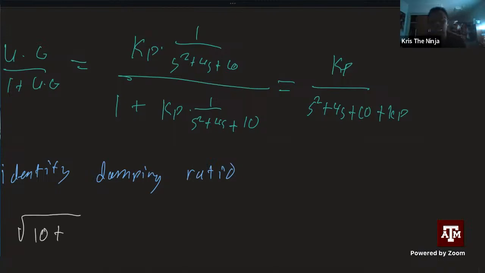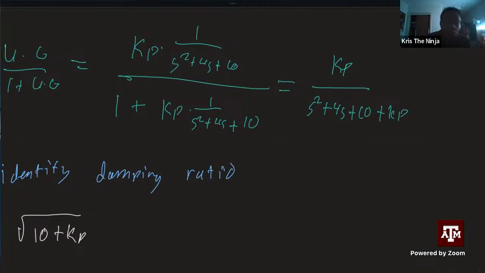Now, how do we know that it's the square root of 10 plus Kp? Well, it was the square root of 10 before, we're just adding Kp to it. So Kp plus 10, or 10 plus Kp, is now omega n squared. So you square root both sides, you get Kp plus 10 or 10 plus Kp, however you want to write it. It's a plus sign, doesn't really matter.